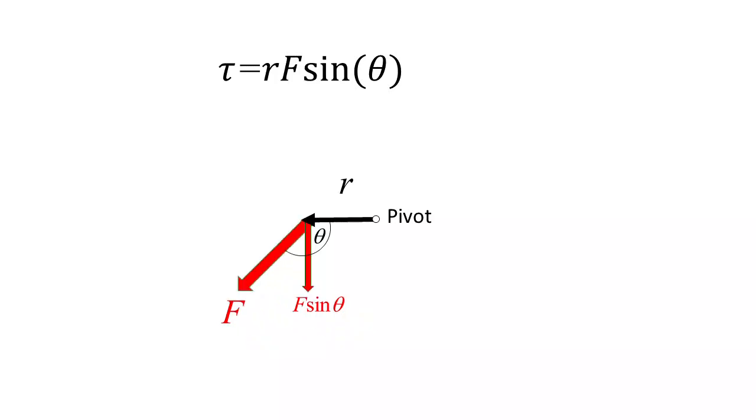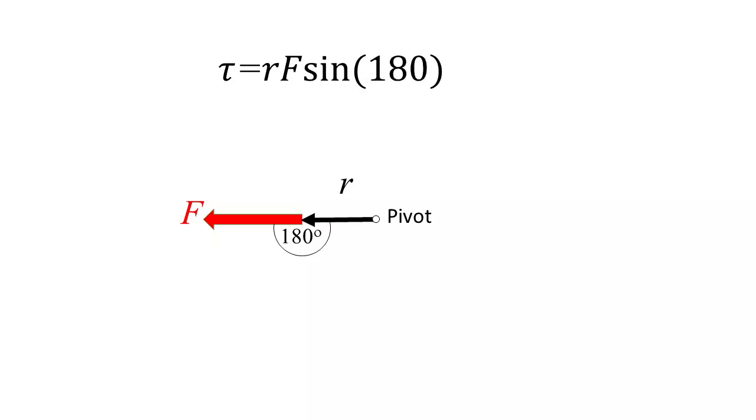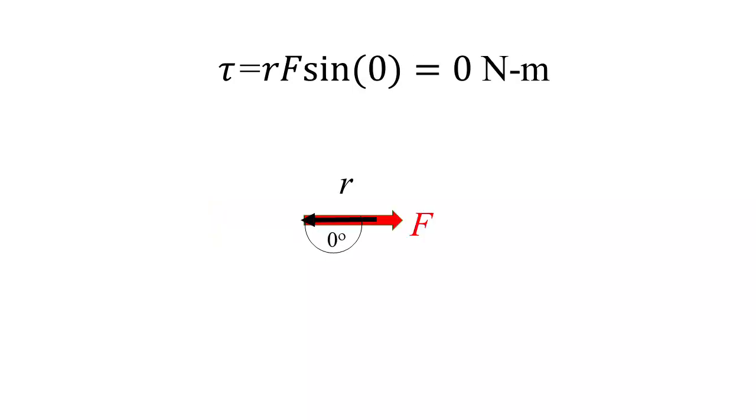If we rotate that force vector, we can see that its component that is perpendicular, and the one that does the rotating, reduces. Therefore, the torque reduces. When the force vector is aligned with the distance vector and points in the same direction, there is no longer a component of the force that is perpendicular, and so no rotation occurs. In this case, the angle between them is 180 degrees, and the sine of 180 is 0.